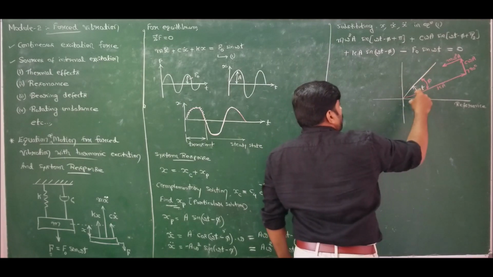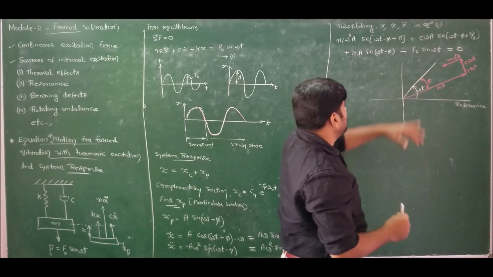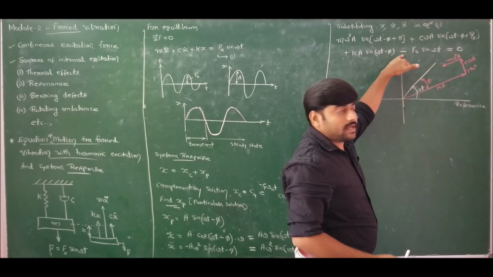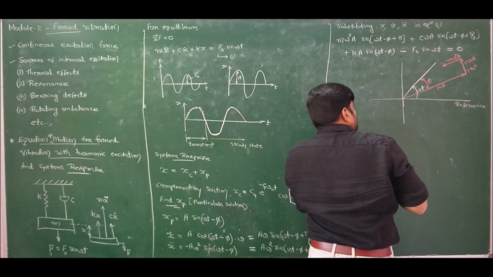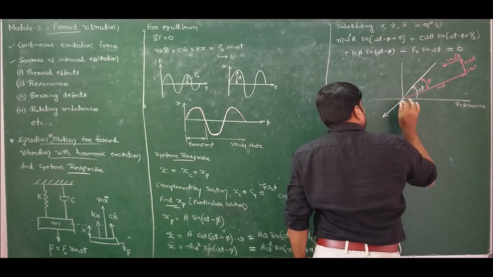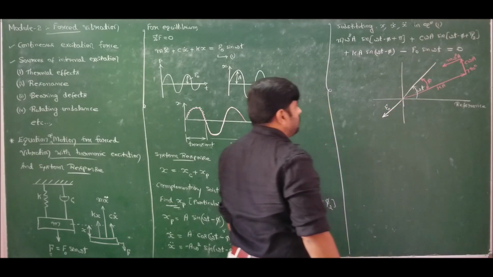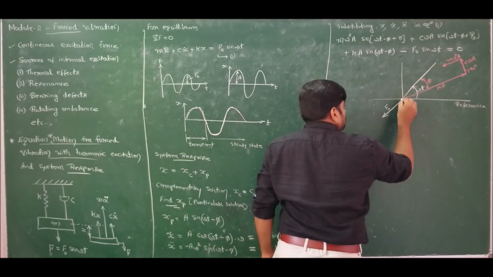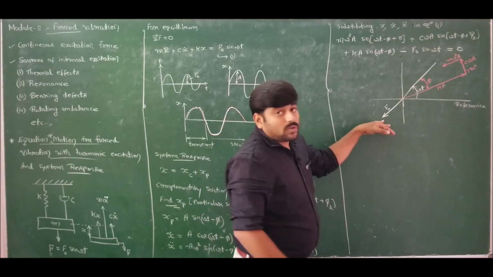And at an angle of omega t we have the force F acting, but we have a negative sign, very important. So force F is acting in the opposite direction, that is, the magnitude is F naught, acting in the opposite direction.